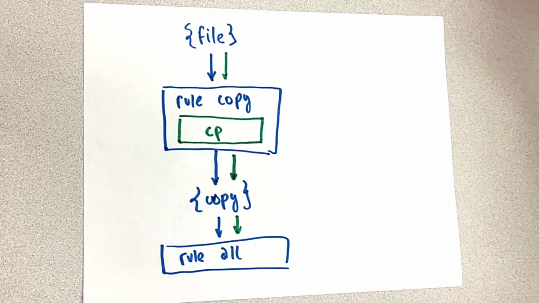So the three issues that we can have: the first one is that there is not a good link between the inputs and the outputs, and this is independent of what is run inside each rule. The second problem is that there is a disconnection between the input and output change and what the command is actually running.